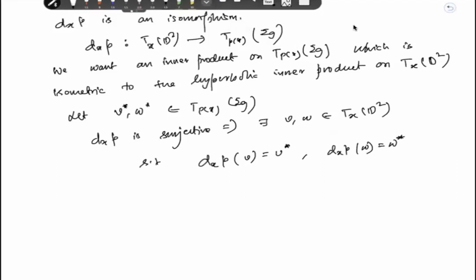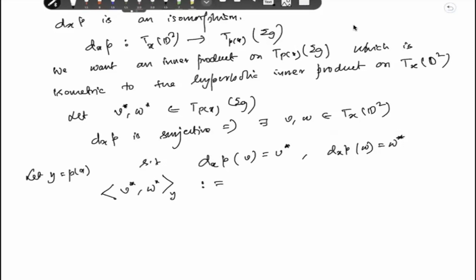Okay. And now what is the definition of this inner product? So first I'll take some y belongs to sigma g. Again, p is a surjective map, so we'll get some x such that p(x) equals y.